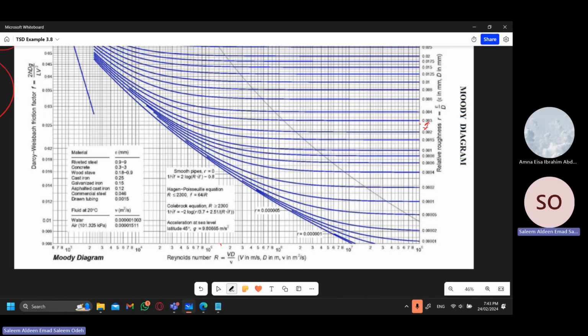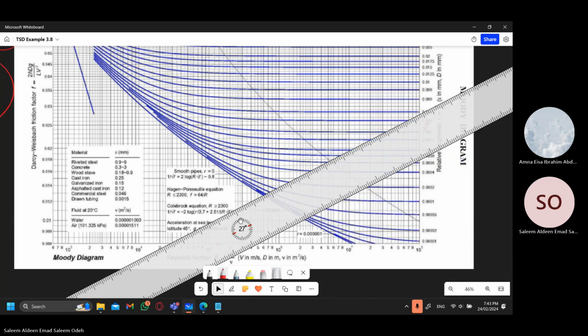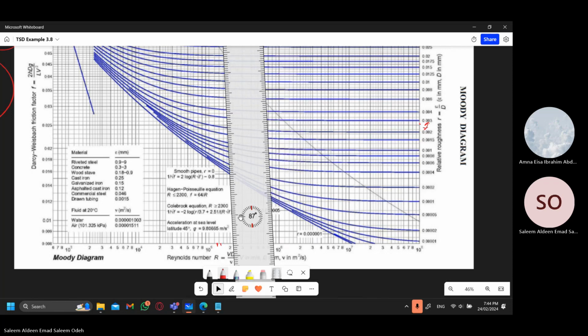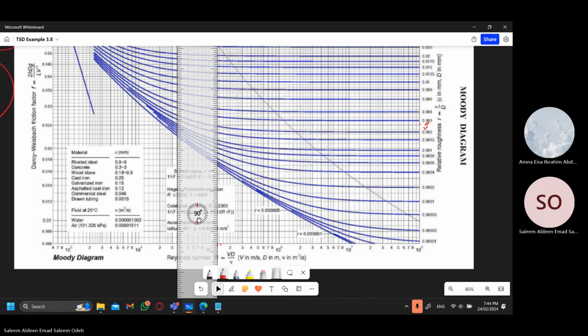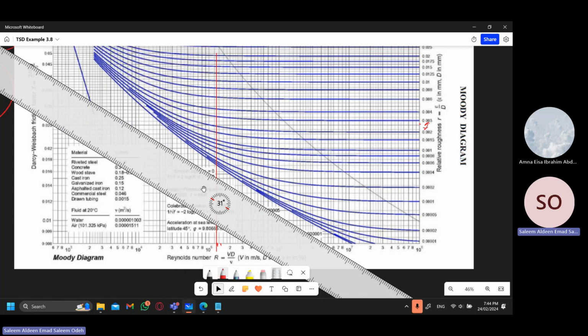It's like around here. No, I'm sorry, it's like around here. And we agreed if there's a value between these two, you just draw an imaginary line in your head, or whatever you're comfortable with, whether you want to trace it, which is, in my opinion, a waste of time.